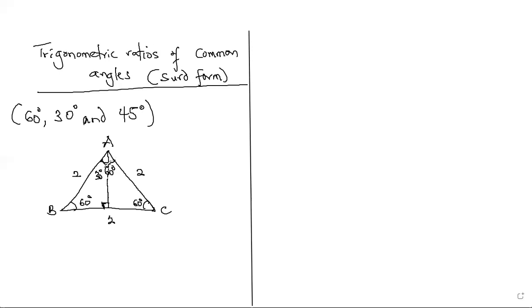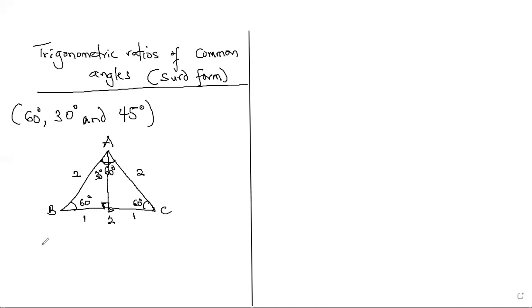Now if this point is D, I'm looking at triangle ABD or ACD. How do I get the height of the triangle? Because I've bisected this side BC, BD will be 1 and this will be 1, because 2 divided by 2.